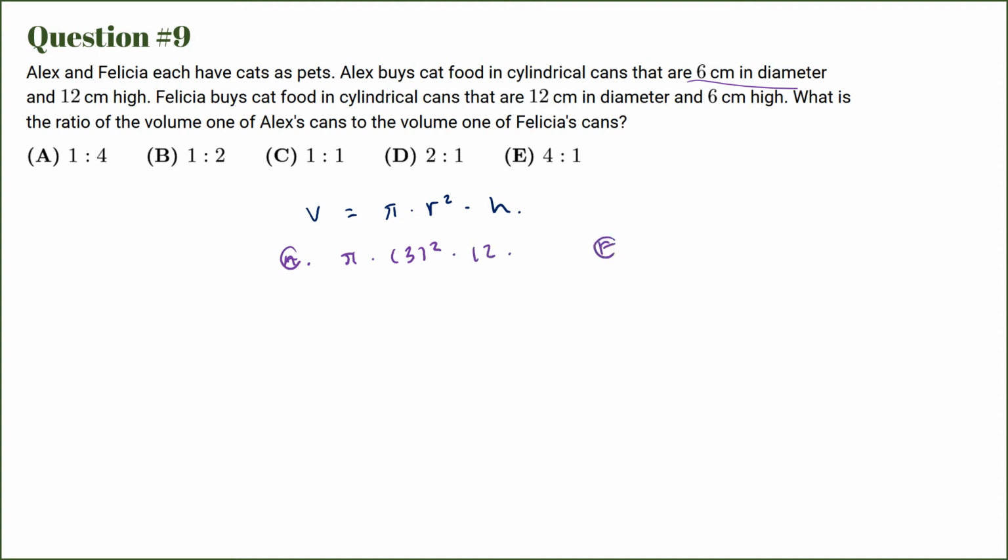And Felicia would have a volume of pi times 6 squared, because a 12 centimeter diameter translates to a 6 centimeter radius, times 6 for the height. So then the ratio of these two, let's simplify what we can first. So the ratio from Alex's cans to Felicia's cans would be 1 to 2, or B.